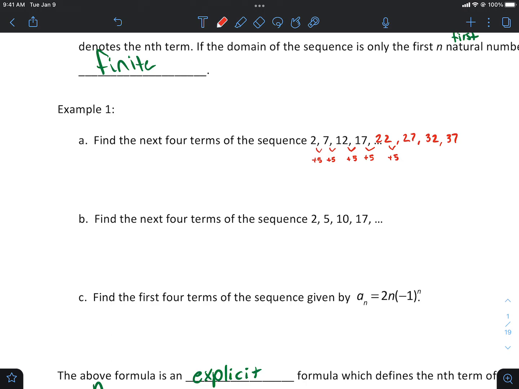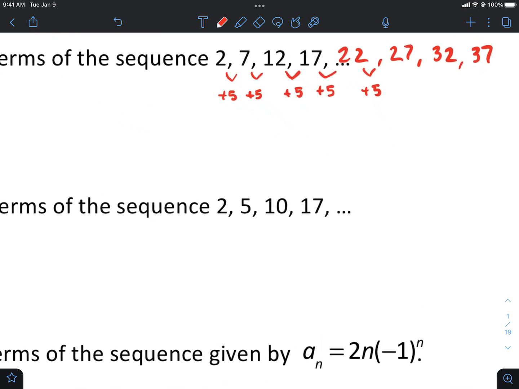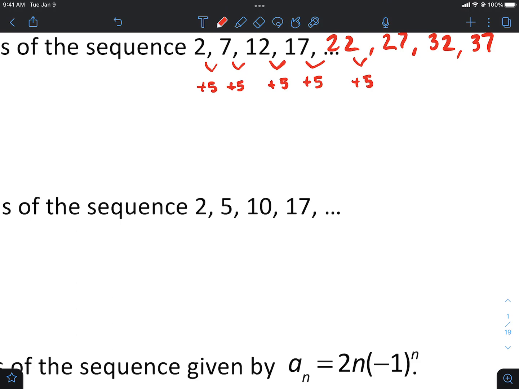Now, this next one is a little bit different. If you look, there is some type of pattern with addition, but it's just a little bit different. On this one, it looks like you're adding 3. Next one over, it looks like you're adding 5. And the next one is like adding 7.